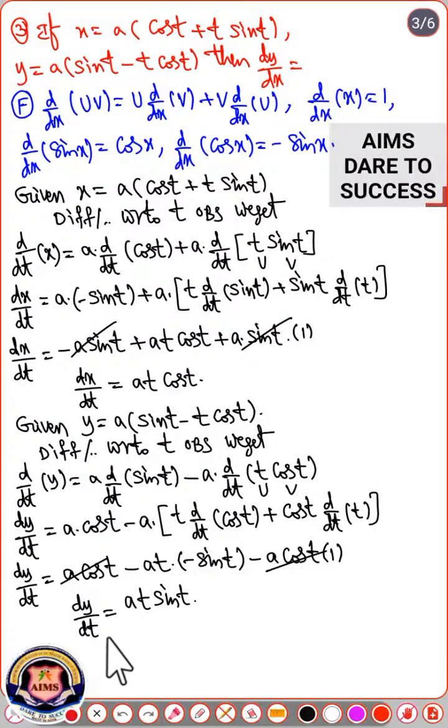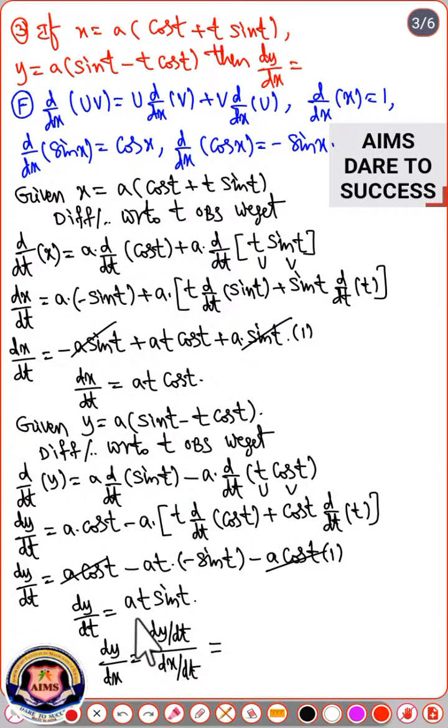Next we want to find the value of dy by dx. For dy related we have dy by dt, whole divided by dx related we have dx by dt. Here dt gets cancelled, we will get dy by dx.